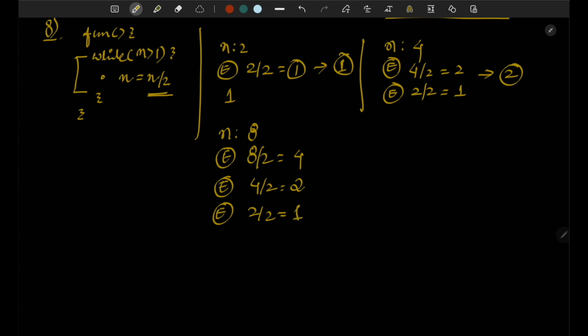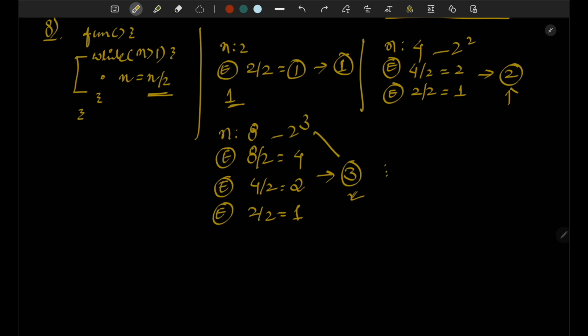Now 1 is not greater than 1, so we can say that this got executed 3 times. So the pattern that we see over here is when it is 2 to the power 1, it's going to be executed 1 time. When 2 to the power 2, this is going to be executed 2 times. And when 2 to the power 3, this is going to be executed 3 times.